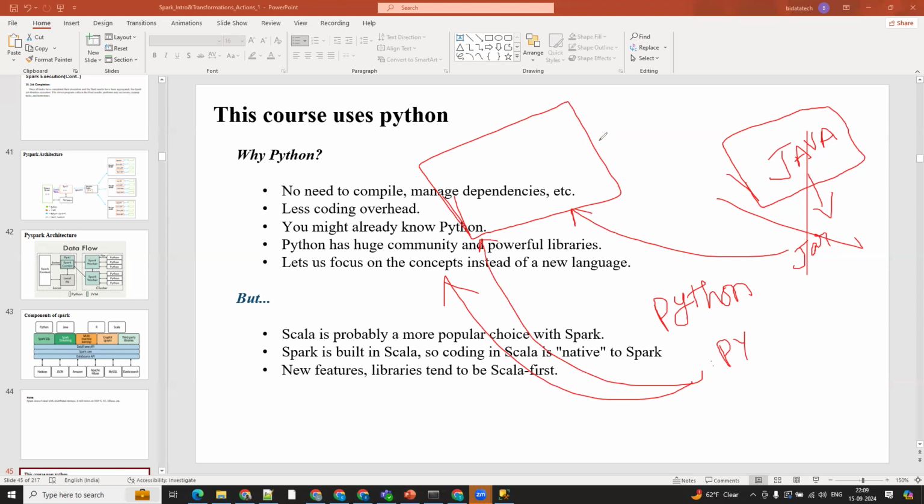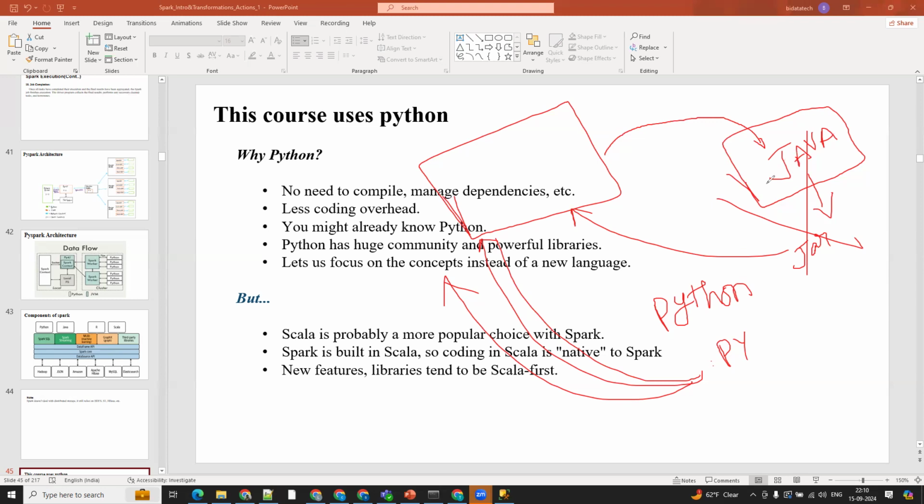Ultimately, what will happen? Even if you submit your code in Python, in the backend it will convert that into Java, because your Spark is built on top of Scala, right? Scala is built on top of Java, right? Ultimately, your Python objects will also be eventually converted into Java objects.